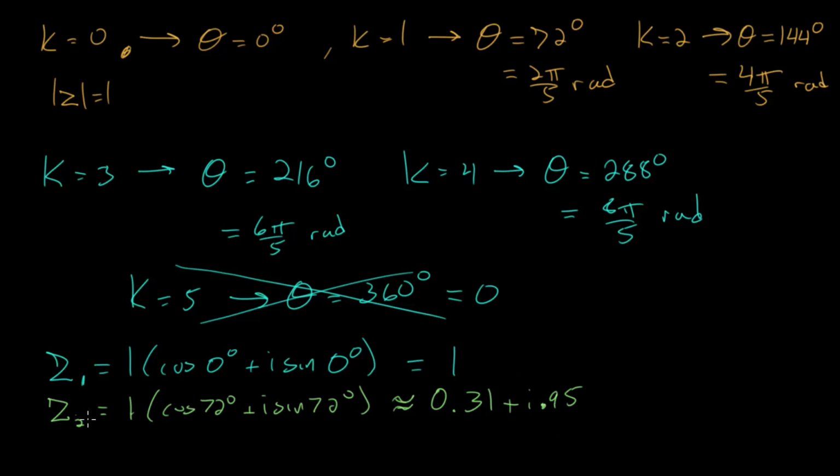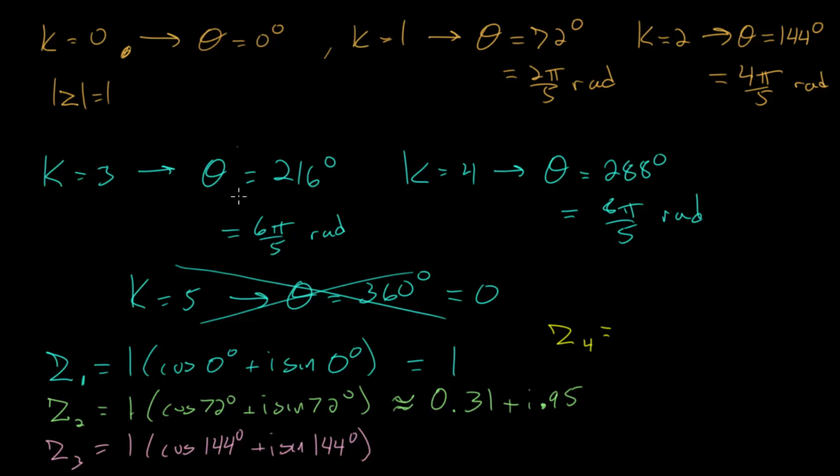And we can write the third solution. That's with 144 degrees. We still have a magnitude of 1. Cosine of 144 plus i times the sine of 144. And again, if we want its rectangular form, we would just have to write this as an approximation. So I will leave that as an exercise if you want to do that.